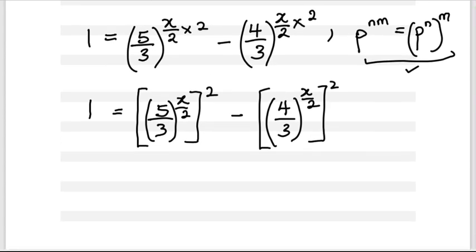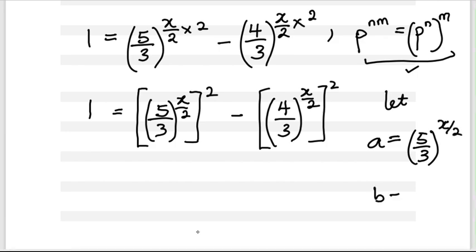Next, we can say let a be equal to 5 over 3 to the power of x over 2, and let b be equal to 4 over 3 to the power of x divided by 2.